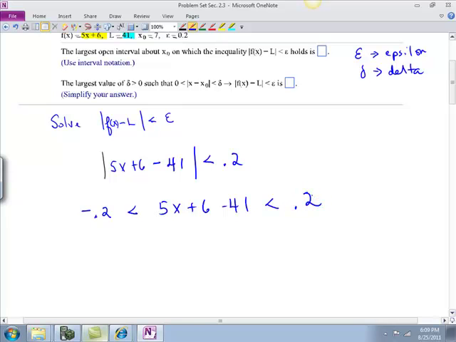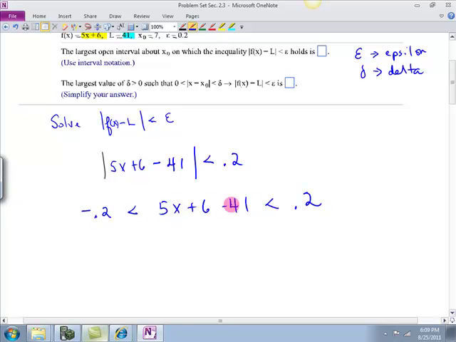Because it was absolute value, you have negative on this side, positive on this side. Every time we start out with it in absolute value, then we rewrite it without absolute value, with negative over here and positive over here. Then we start cleaning it up and solving this inequality.